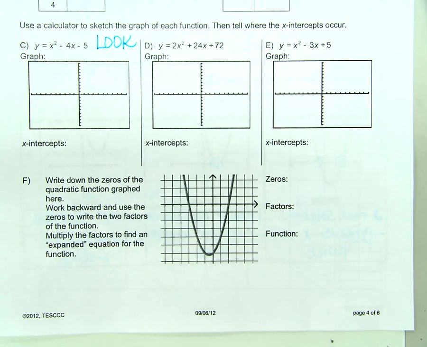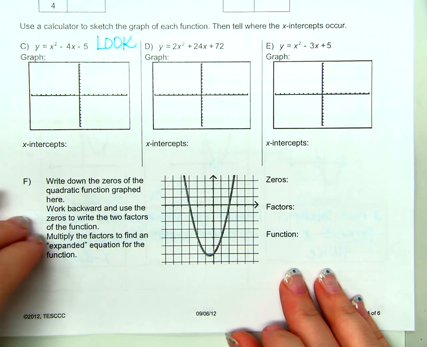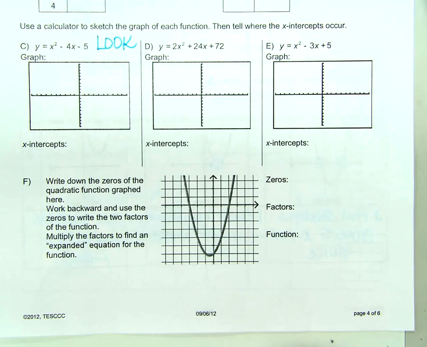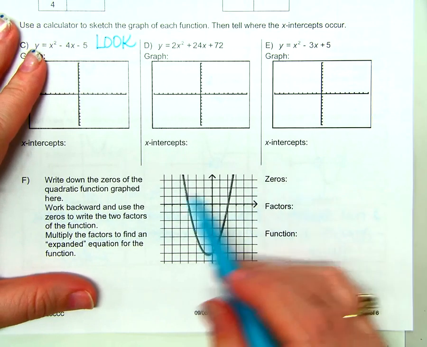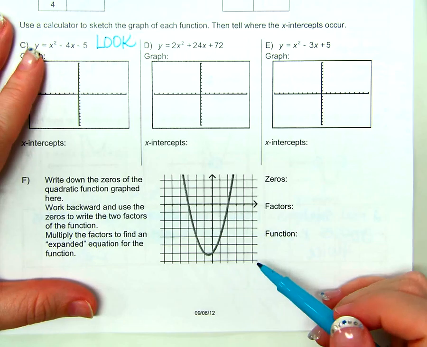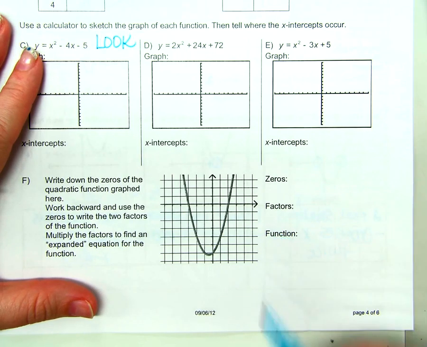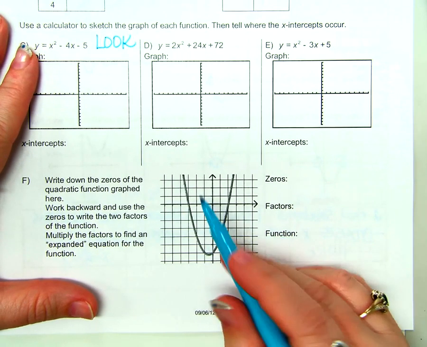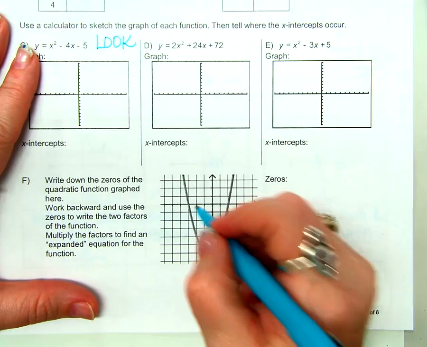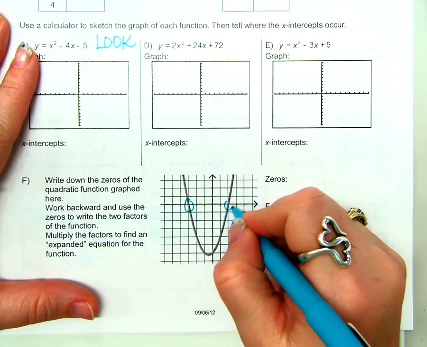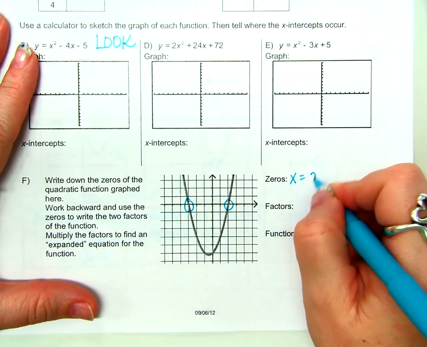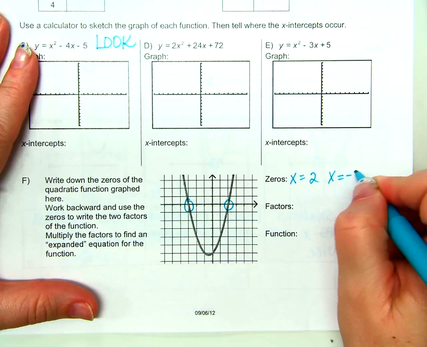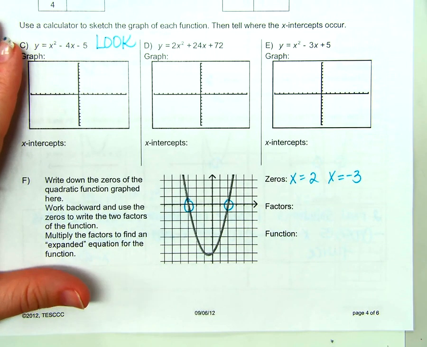Okay? Look at F. I'm not telling you to look at your grades. I'm saying look at problem F. Sorry, I don't mean to confuse you. Okay? What are the zeros of this graph? Where does this parabola cross the x-axis? So x equals 2 and x equals -3, right?